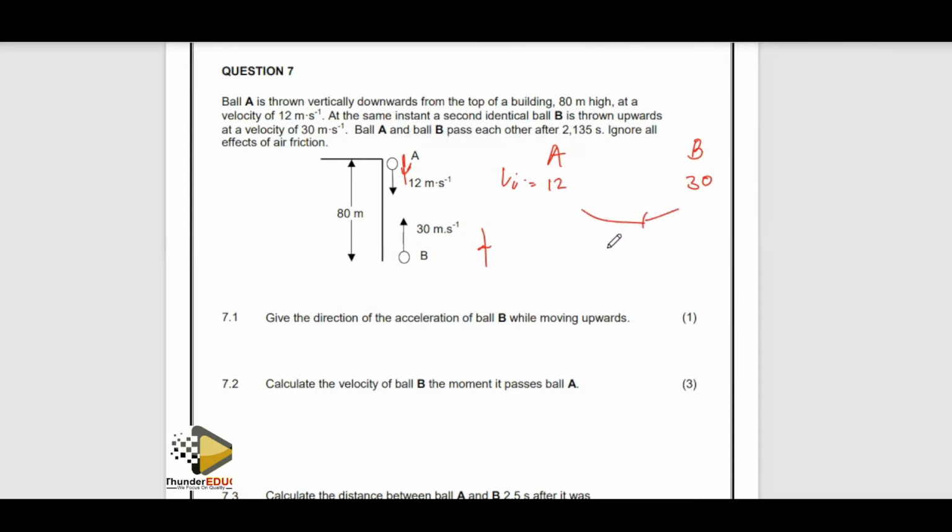So the distance traveled will be equal after this amount of time. Then give the direction and the acceleration of B while moving upwards. So one thing we said, they want the direction of the acceleration. Acceleration will always act downwards.